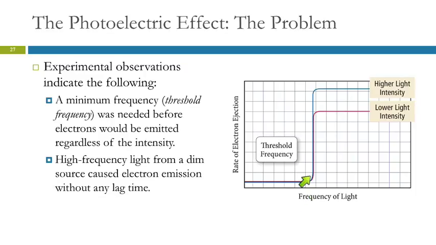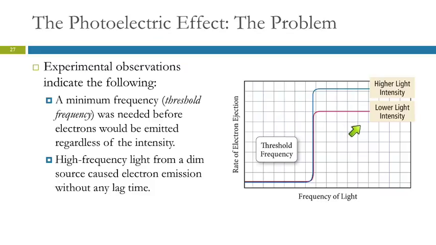When you get to the threshold frequency, all of a sudden you get a lot of electrons being ejected. So it jumps up, and there's a little bit of a curve here, but then beyond that, going to higher frequencies does not change how many electrons are ejected.